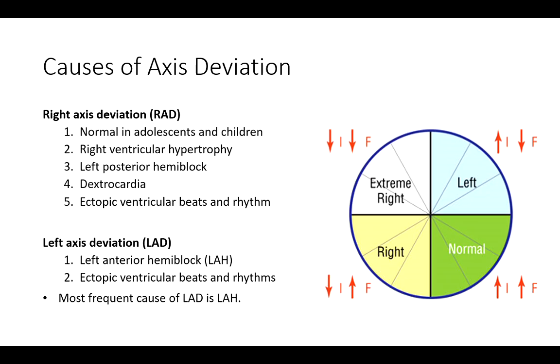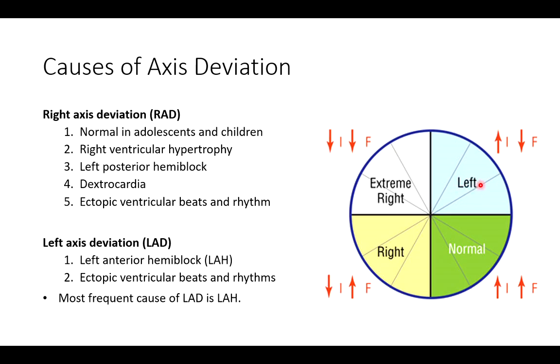Now, we could also have a left posterior hemiblock. This would be on the left bundle branch. We have an anterior and a posterior component. If there's a left posterior hemiblock, then the electrical impulse generated on that part of the left side is fundamentally not occurring.